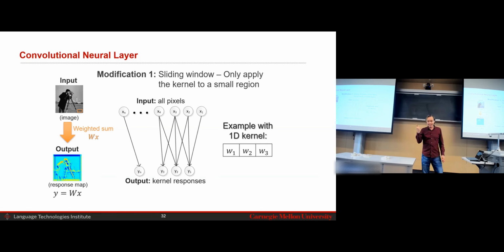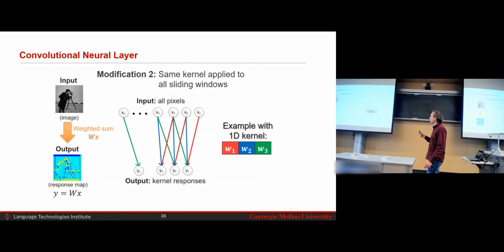The second assumption is that the way I decide this output pixel based on this input is also the same way, the same weights, that I will decide this other pixel. I don't need to learn a different kernel for the beginning and for the end.